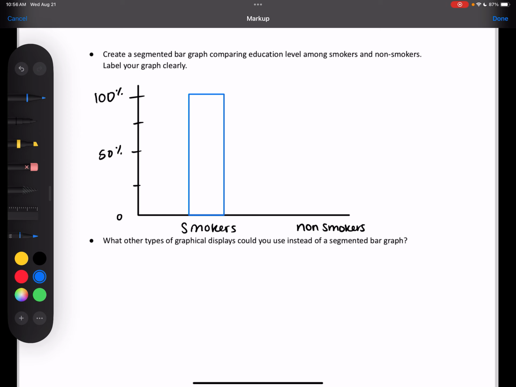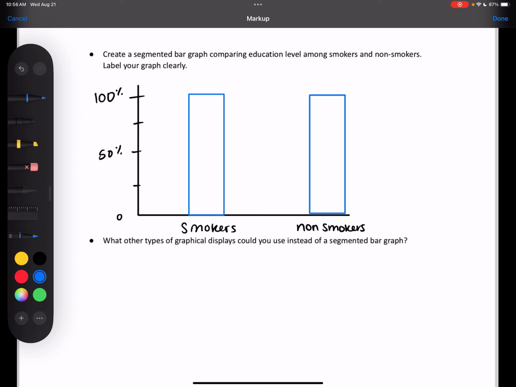So you can go ahead and draw both bars. They may not be perfect, but close to the same height.